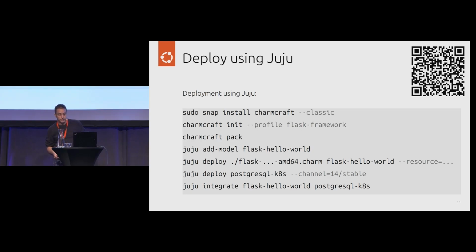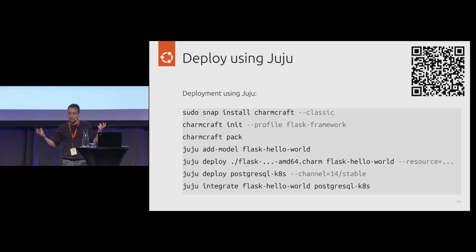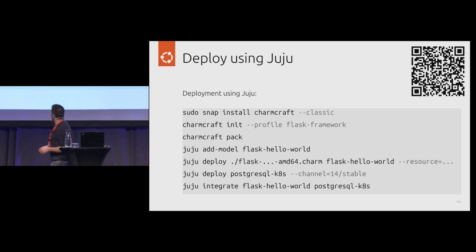Juju is really an open source orchestration for software operators. So there will be operators for every application: for the Flask one, if we have a Postgres one, and RabbitMQ or whatever, and they will communicate together. In this case, we have to install the Charmcraft tool, the one used to create the software operators.